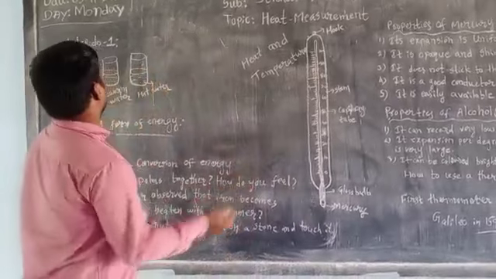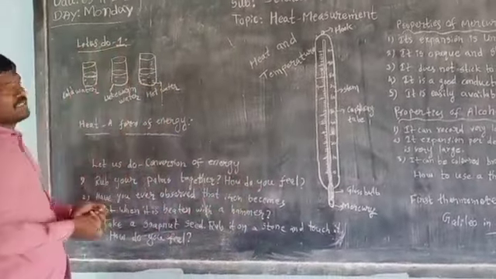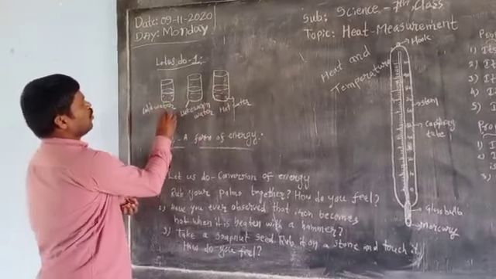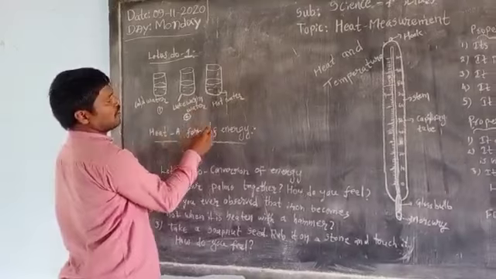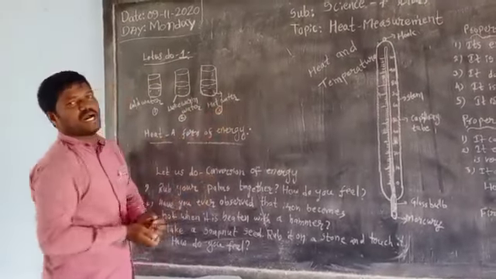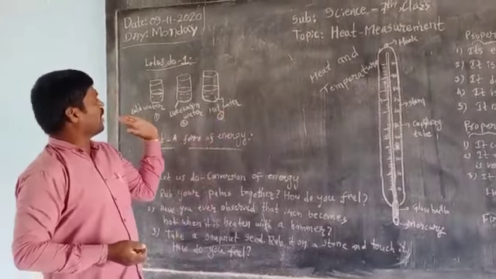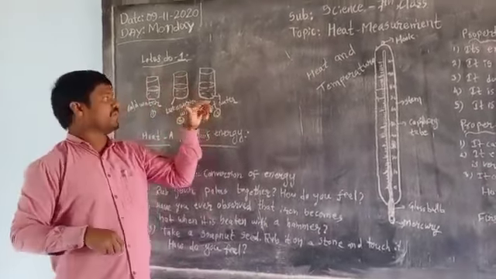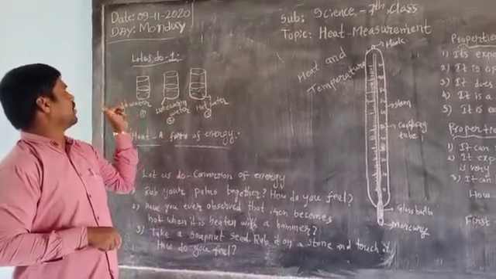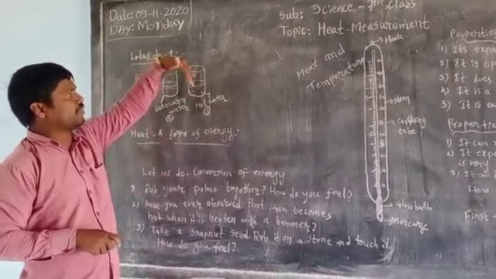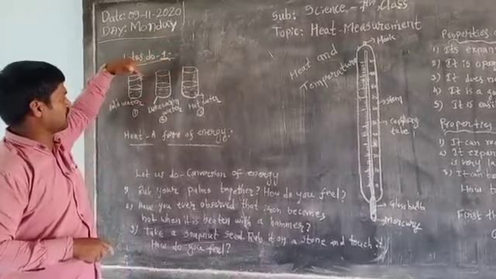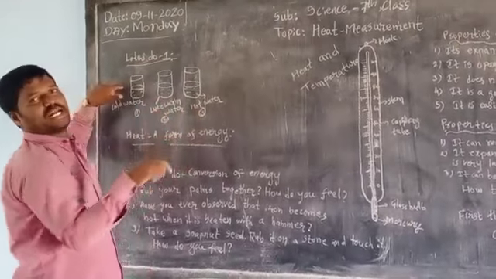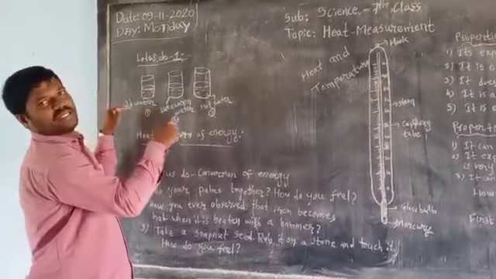But here an activity is given, let us do one. In 3 beakers, in the first beaker you take cold water, in the second beaker lukewarm water, and in the third beaker hot water. You put your left hand finger in the first beaker and your right hand finger in the third beaker, and keep them simultaneously at a time.